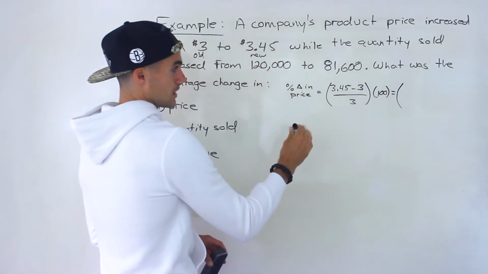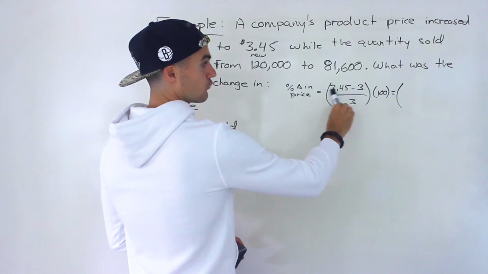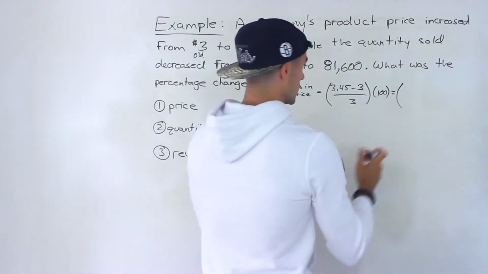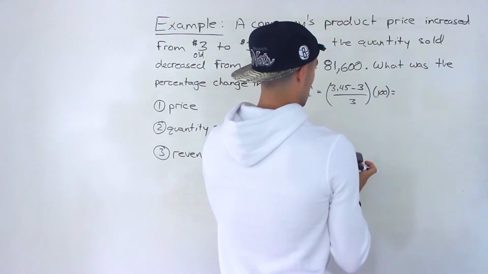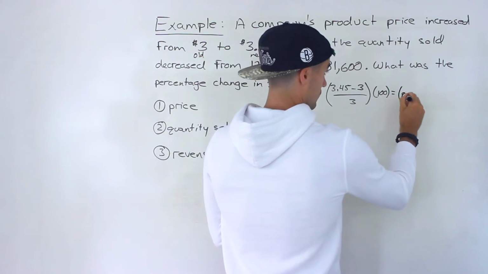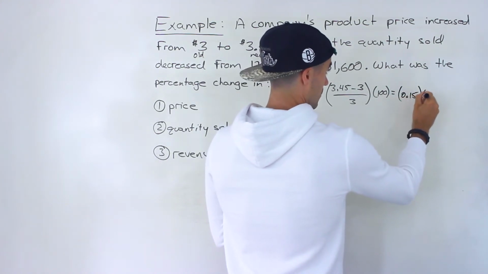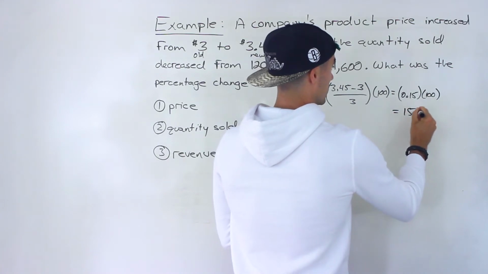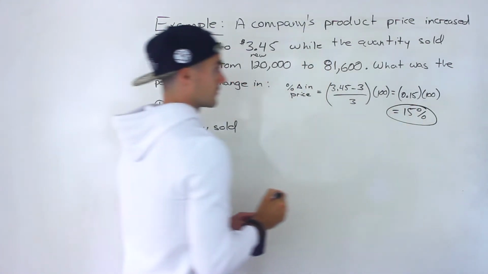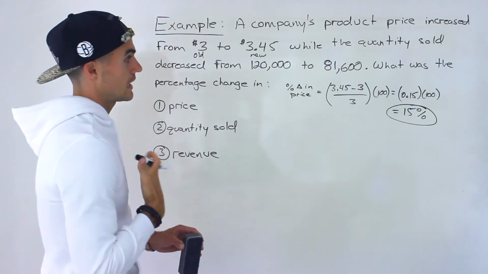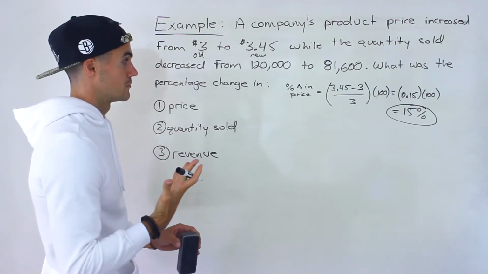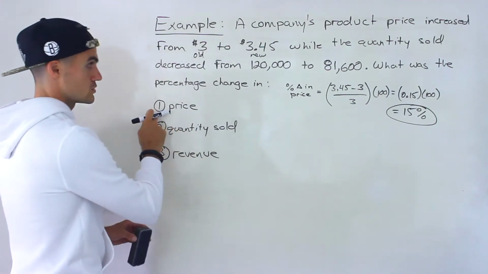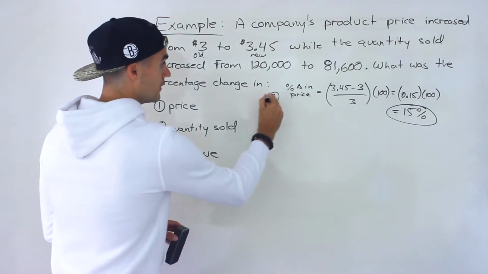And this would end up being what? 0.45 over 3, which would give us 0.15. Multiplied by 100, we'd end up with 15%. Right? So the price increased by 15%. That's the answer to number one.